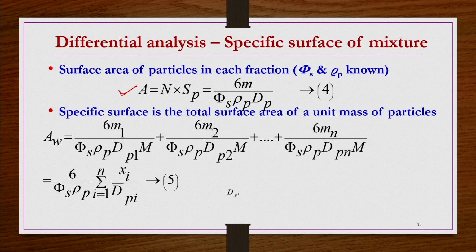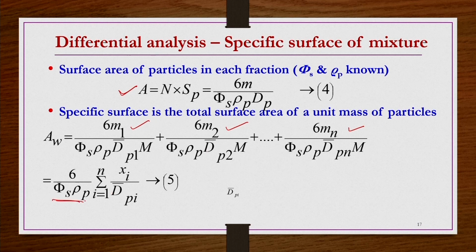Like that you have all increments: this is for screen increment 1, this is for screen increment 2 and so on, and this is the nth screen increment. If you add them together, and you assume the same phi s rho p for the entire mixture, you get 6 by phi s rho p times the sum of xi by dpi bar, because m1 by capital M is x1, m2 by capital M is x2, like that all the xi's are there. So x1 by dp1 bar plus x2 by dp2 bar and so on. We can write it as a summation of xi by dpi bar.